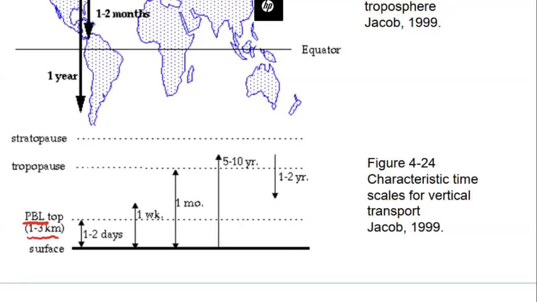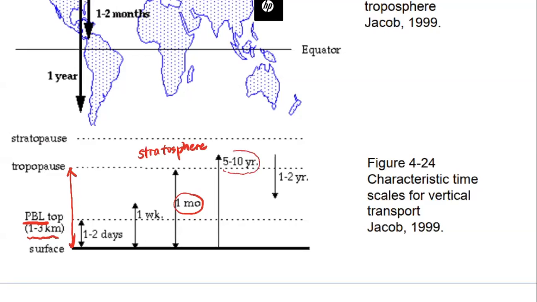So we mentioned that the lowest layer of the atmosphere is called the troposphere, right? If we want to transport something to the upper troposphere or to the tropopause, that's going to take almost a month. And if we want to transport something to the stratosphere, okay, that's going to take much longer.